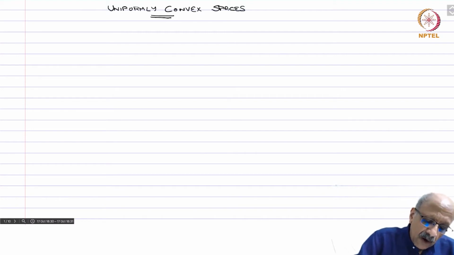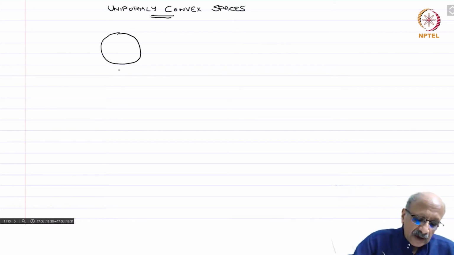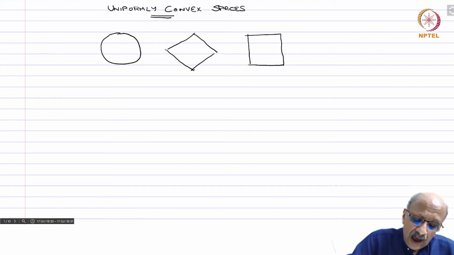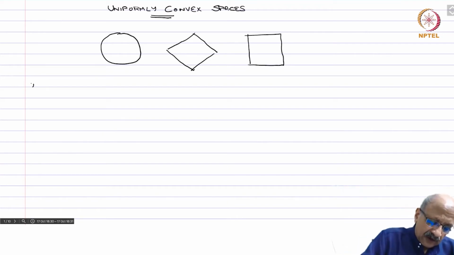If you look at the ball with the two norm in the plane, then it bulges uniformly in all directions, and if you look at the ball in the one norm, then it is a diamond, and in the infinity norm, of course, you get a square. So these have flat portions on the boundary, whereas this one bulges uniformly. Uniform convexity in some sense analytically quantifies this uniform bulging in all directions. So we have the following definition.